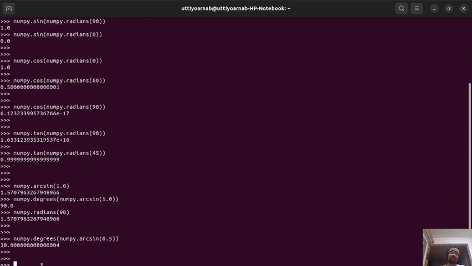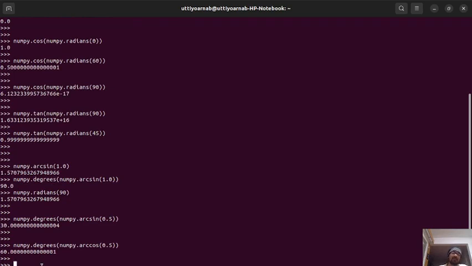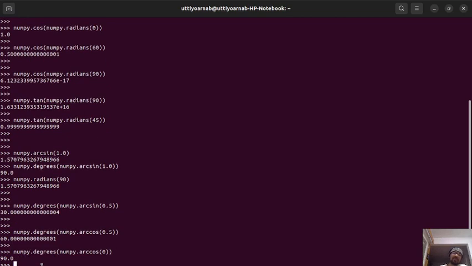Then we can calculate some other inverse trigonometric functions also. We can write arc cos. Cosine inverse of 0.5 is 60 degrees, right? So we get 60 degrees. Then we can give cosine inverse 0, it must give us 90 degrees.